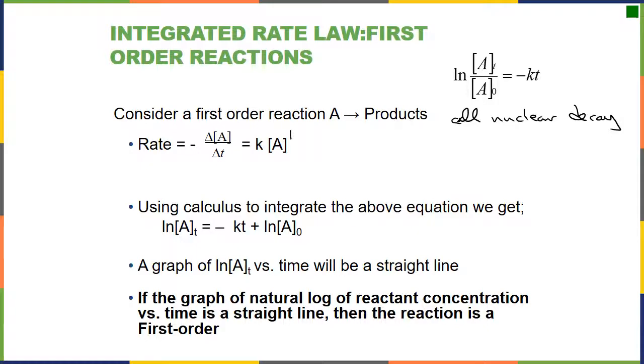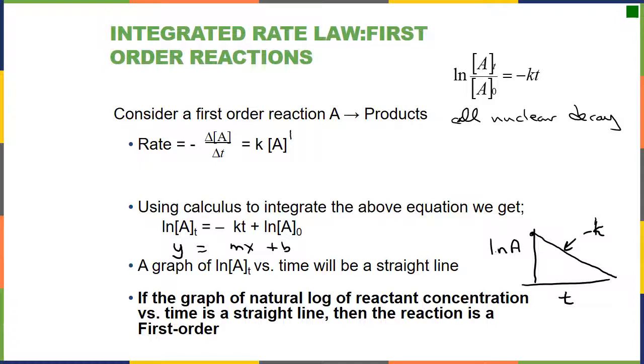If we integrate this and put it in a straight line form, we can get a line of the form y is equal to mx plus b, telling us that if we plot the natural log of our concentration versus time, we get a straight line. The intercept is going to be the natural log of A naught. The slope here is minus k.